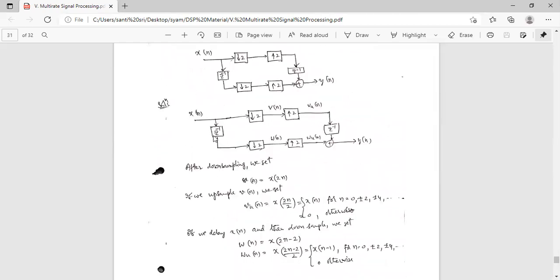here we are delaying x of n. Then w of n is equal to x of 2n minus 2. After the upsampler it is equal to x of 2n minus 2 by 2.